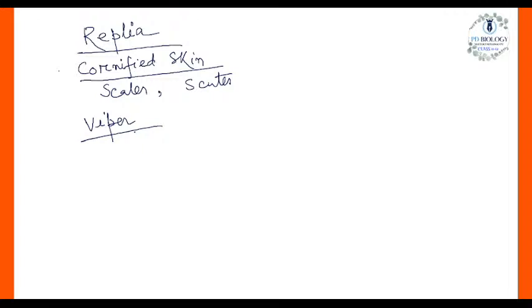Except viper, all are oviparous. Fertilization is internal. The turtle, the tortoise, the tree lizard, the garden lizard, the crocodile, the alligator, the home lizard, all are the example of this reptilia group.